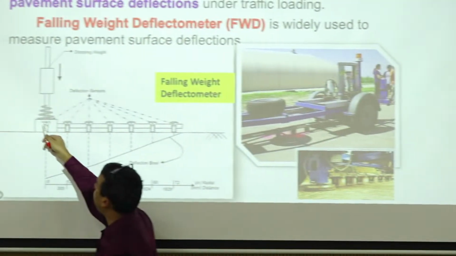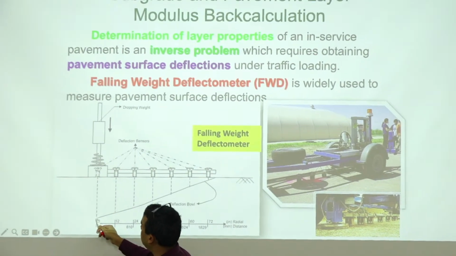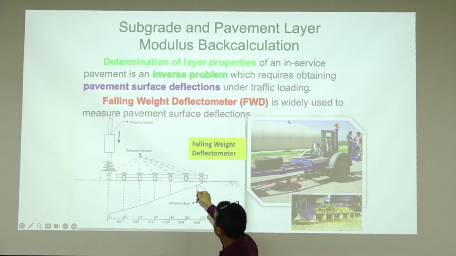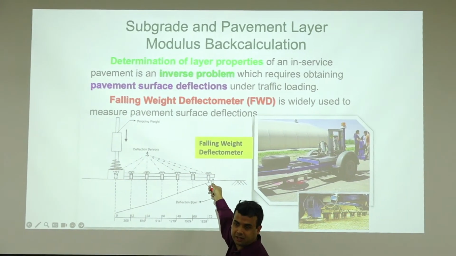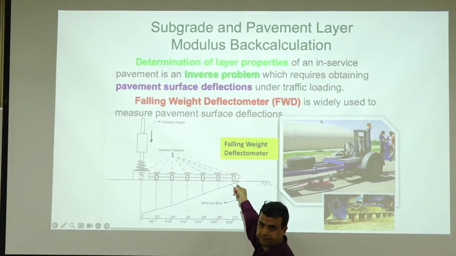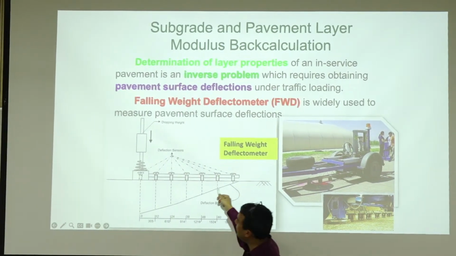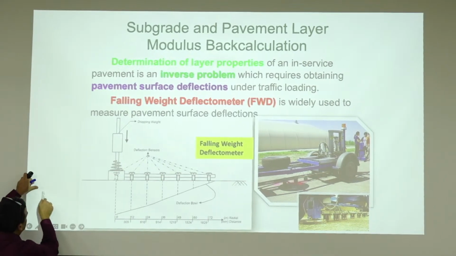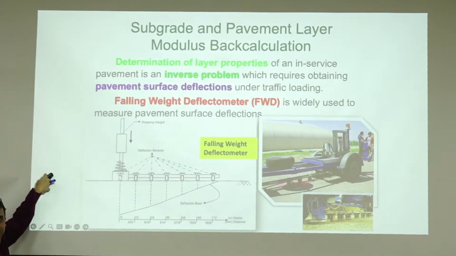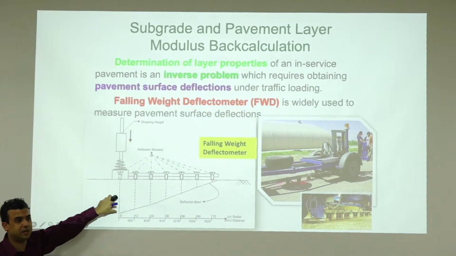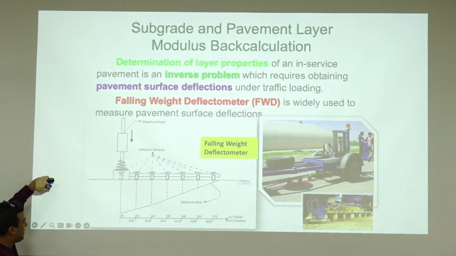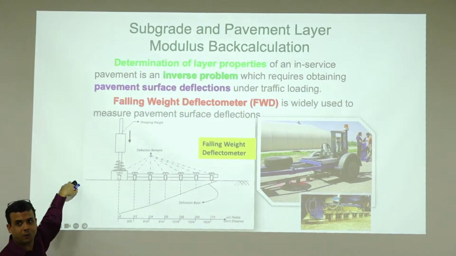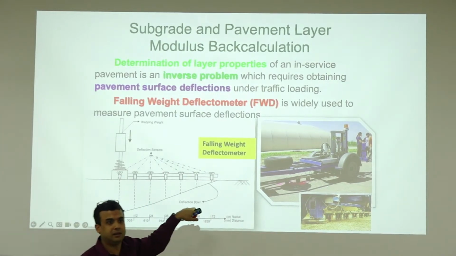Obviously underneath the load the deflection is the maximum. As you go away, the deflection is going to be small, going to zero. And this is symmetric. If you have the other side, it should look exactly the same if the conditions are the same. So that is called the deflection bowl, or what is known as a deflection basin, right?